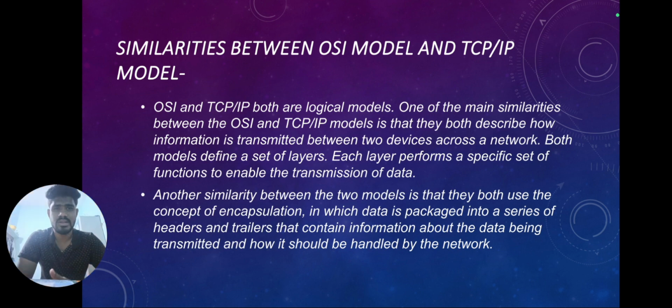Both models define a set of layers, and each layer performs a specific set of functions to enable the transmission of data. Another similarity is that they both use the concept of encapsulation, in which data is packaged into a series of headers and trailers that contain information about the data being transmitted and how it should be handled by the network.